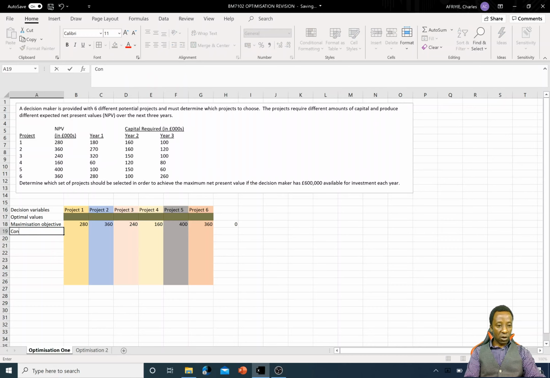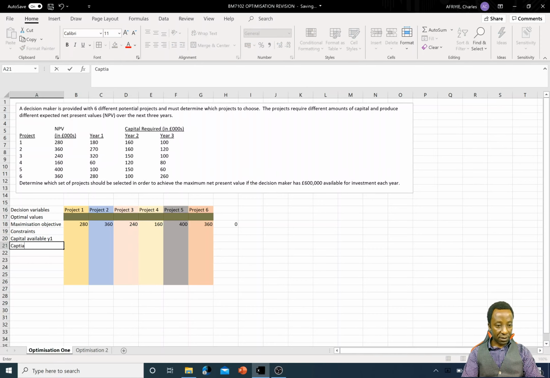Right, and then we come to our constraints. So our constraints could be many. In this example, we have just one constraint, and that is a constraint of available capital. So capital available in year 1.